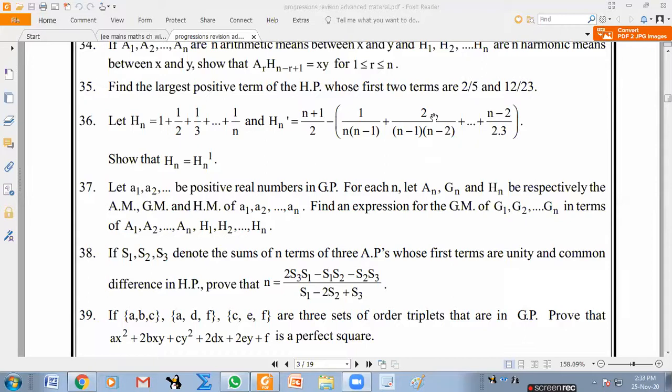Joshita, up to which question did you try in past year mains questions? Joshita, you are unmuted, but I don't know whether you're speaking or not. Shraddhanjali Naik, up to which question did you try in past year mains questions?